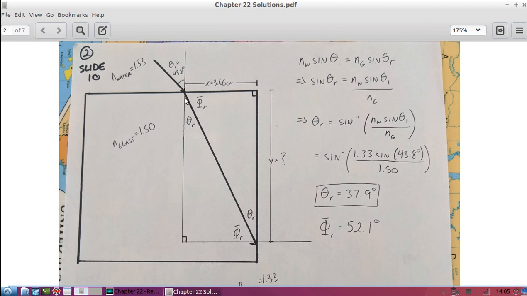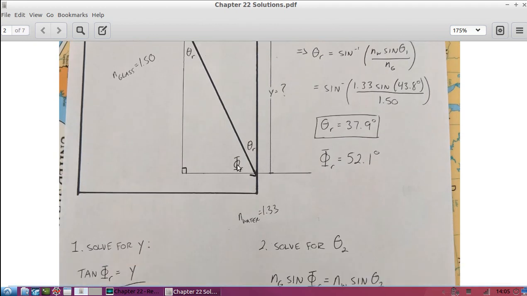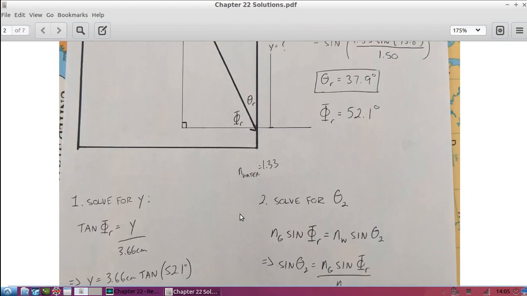Same thing here. I was looking for theta sub r up here. That is this angle right here, not this angle. So it's the angle measured from that perpendicular line to the surface. So I know phi sub r is 52.1 degrees. I'm going to use that as my reference angle and use Snell's law again. But now I'm going from glass to water.